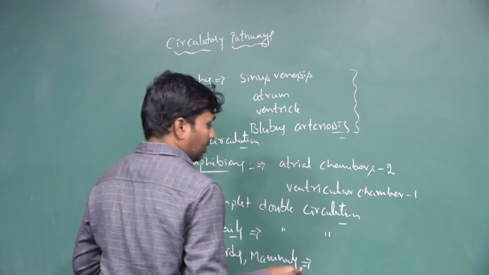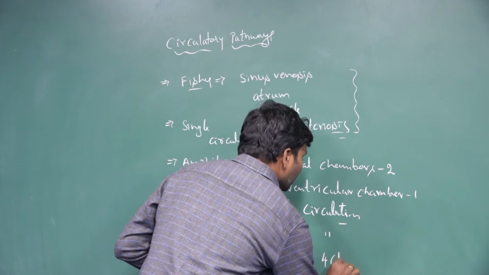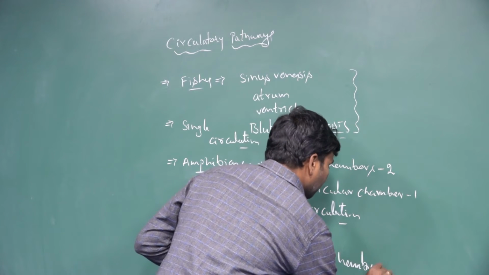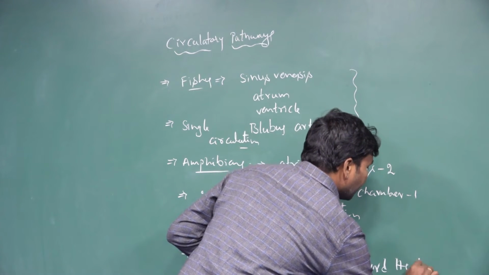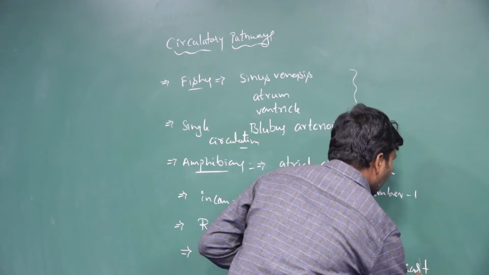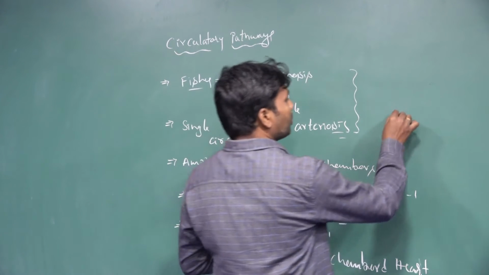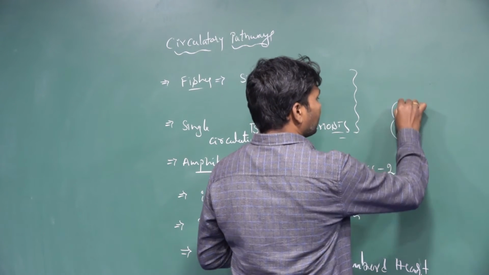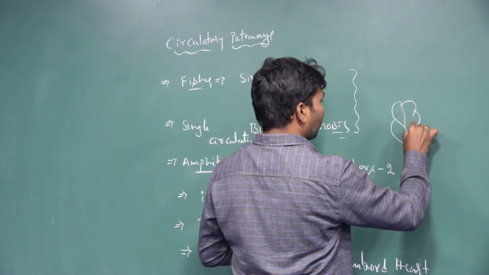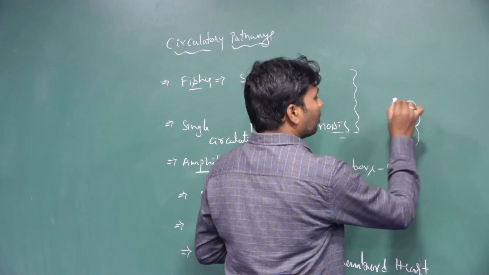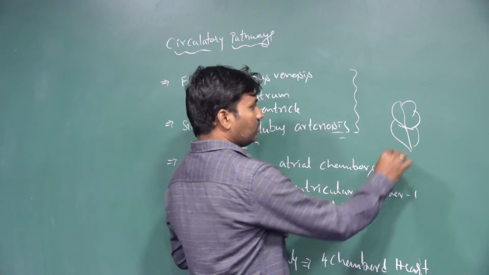There a four chamber heart is present. So the blood is completely divided into oxygenated and deoxygenated.